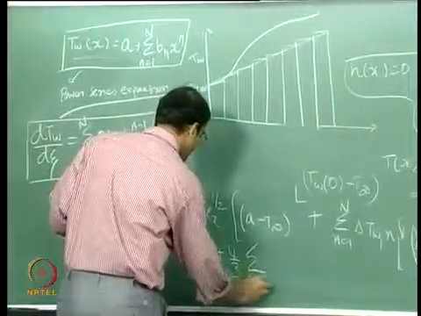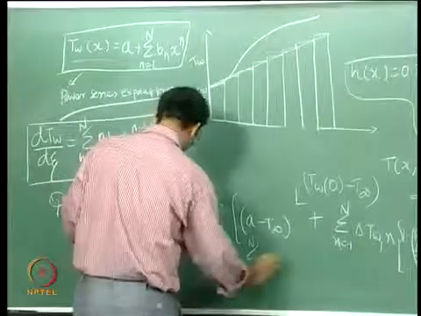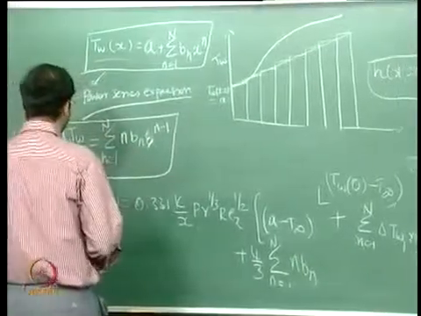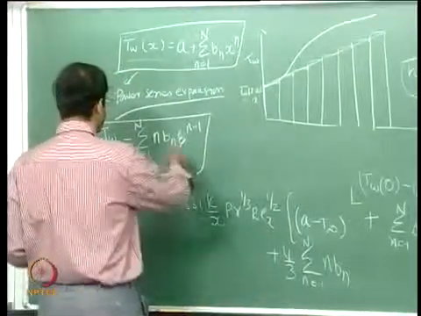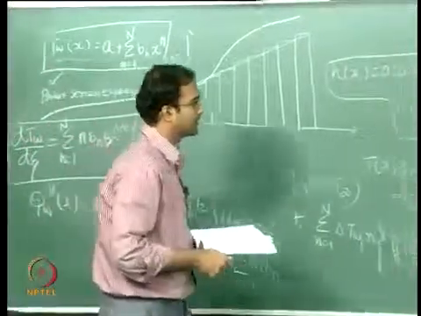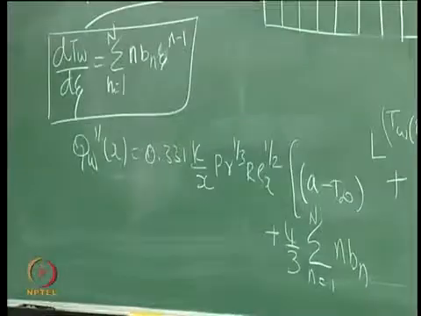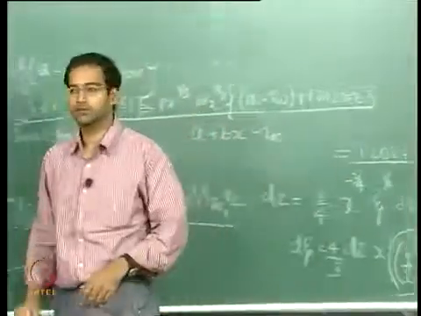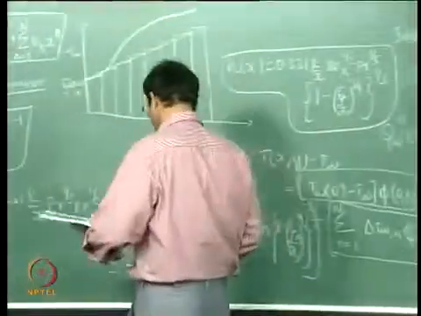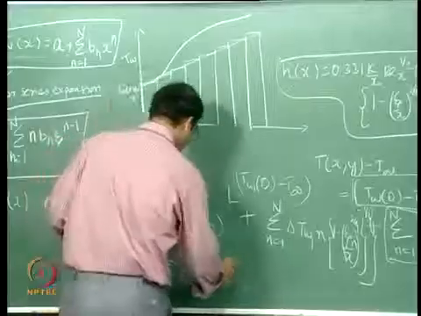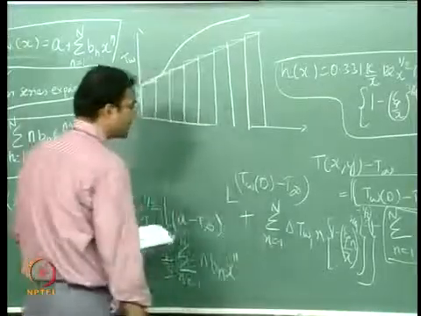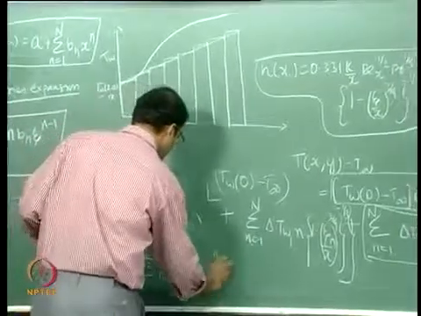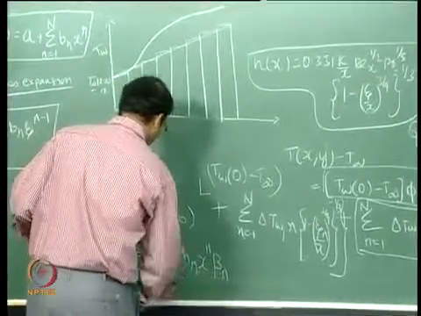So n equal to 1 to N, you have n B n. So this will be x power n minus 1 into, there will be an x which will come out of the transformation. Okay, so that will be giving you x power n, into the beta function as it is. Now this beta function also will become a function of n.